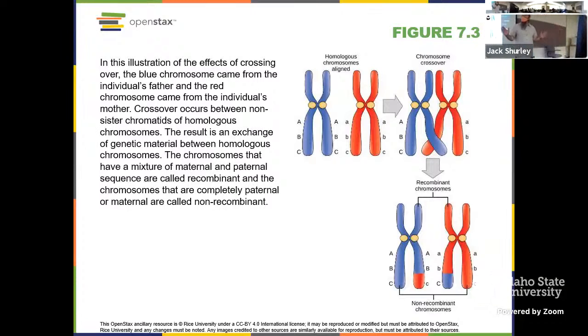The dominant genes we express with an uppercase letter, and the recessive genes we express with a lowercase letter, all right? So if you are homozygous, you have two of the same copies. And if you're heterozygous, you've got two different copies, all right?